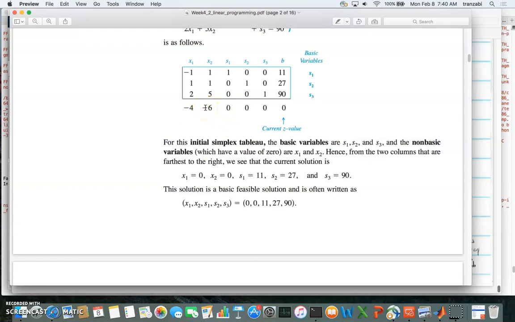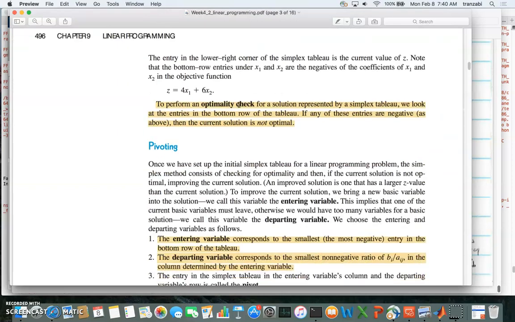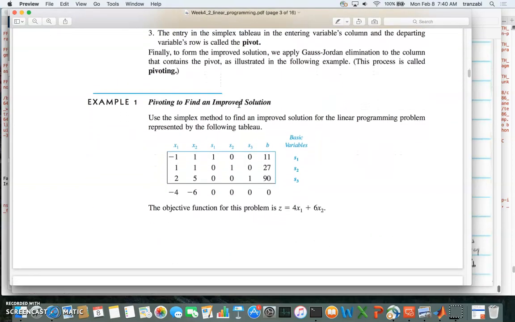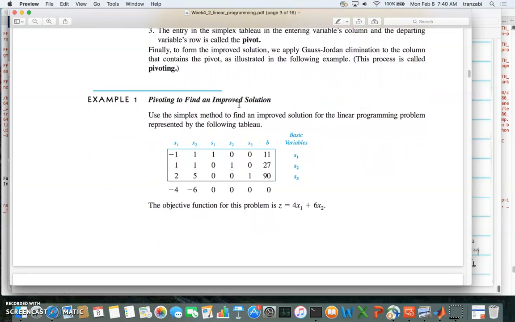So the check for optimality is we should not have any negative coefficients on the last row below this table, the last row, I mean the objective function. Okay, let's start from the table. The first rule was we have to pick a row.